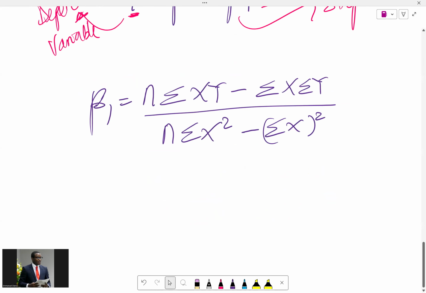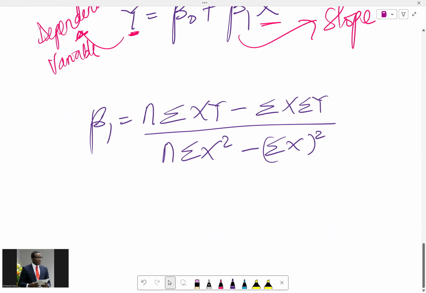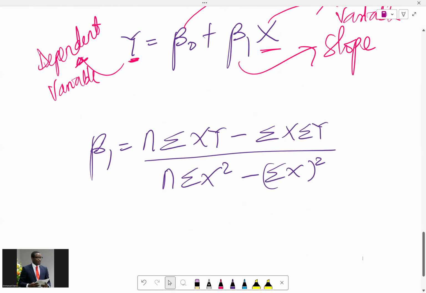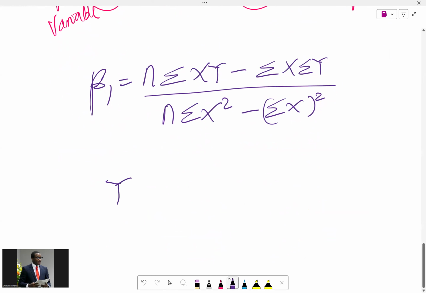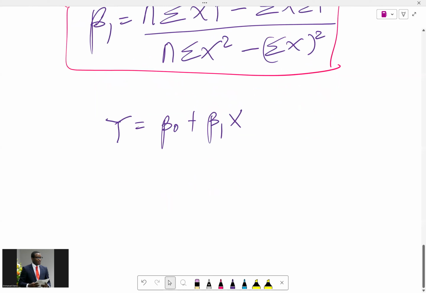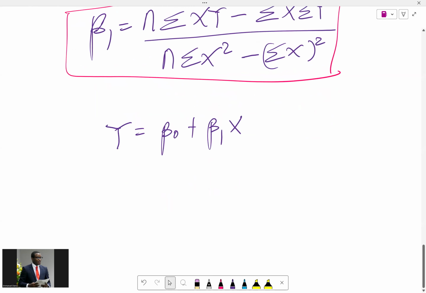But here, this is how beta one is obtained. Then how do we get beta naught? From the formula, you have y equals beta naught plus beta 1 x. This is the formula to obtain beta 1, but we also need beta naught. We need those two things to be able to get the equation. To do that, we need to find the average of this thing.